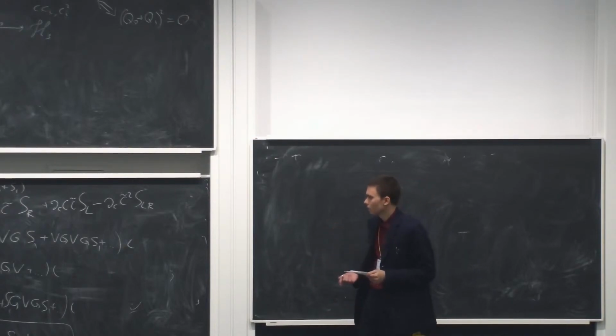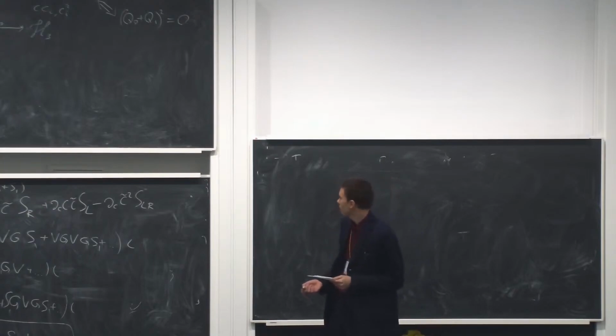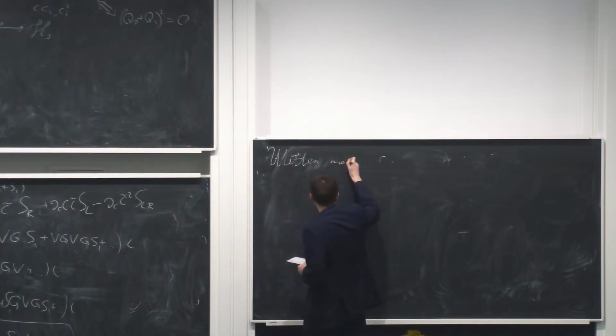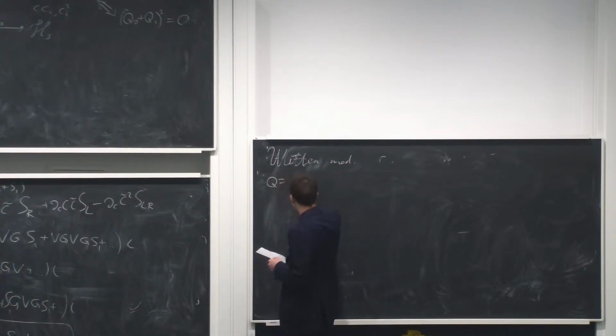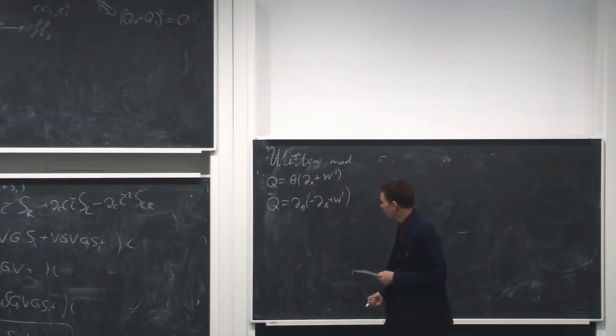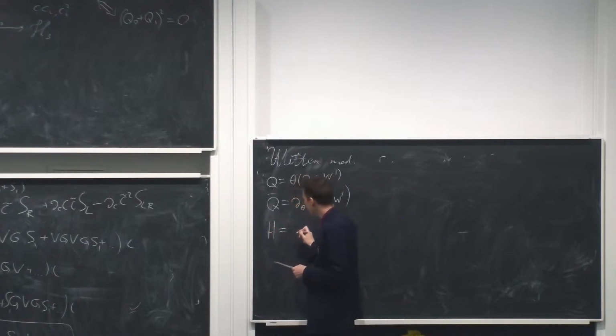So let's specify our problem a little bit. Let us work in the Witten model. It's just supersymmetric quantum mechanics. Q is some Grassmann theta dx plus w prime. Q bar is d theta minus dx w prime. And the Hamiltonian of this supersymmetric problem is the anticommutator.